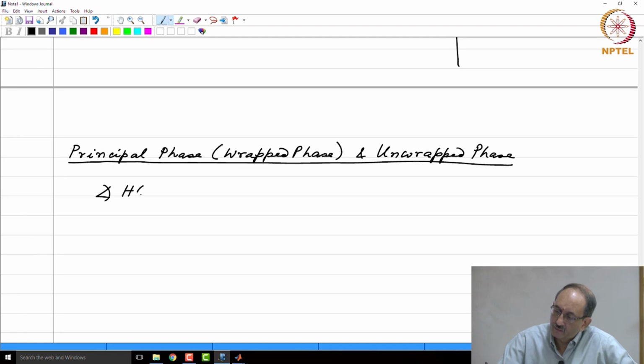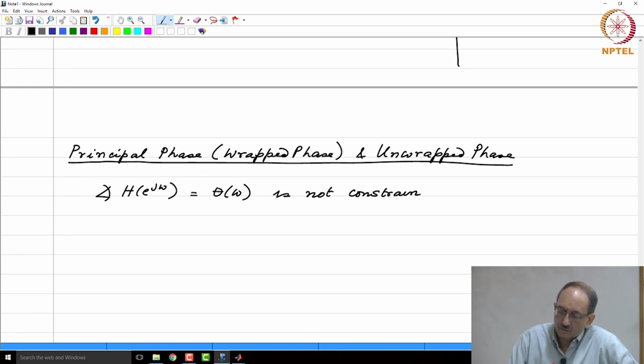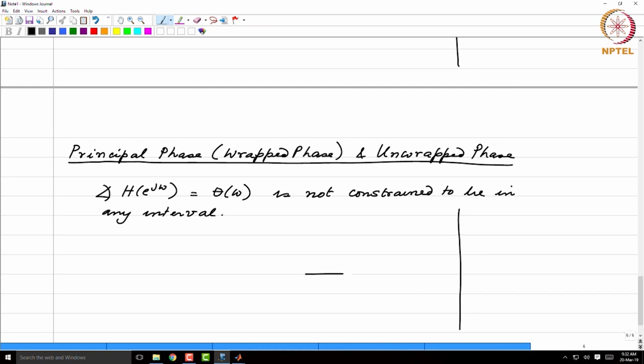In general, the angle of H of e to the j omega, which you can denote as theta of omega, is not constrained to lie in any interval. And the example for this is the example that we had seen earlier, which triggered the question.